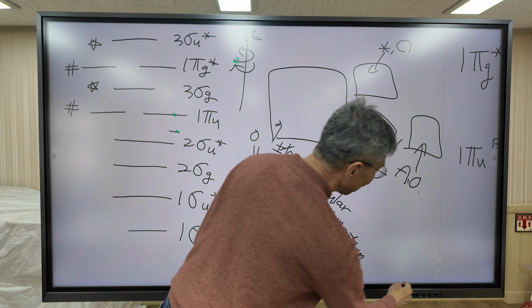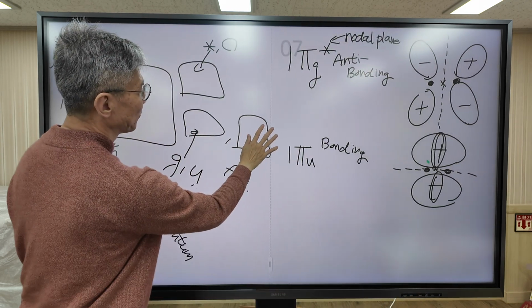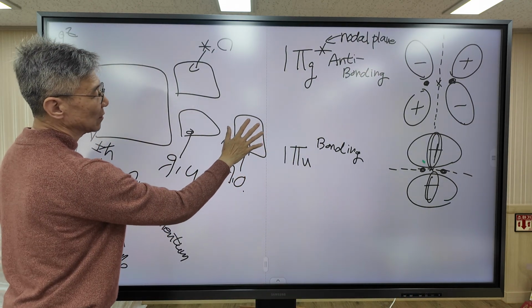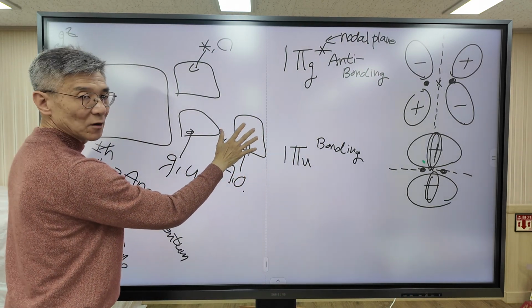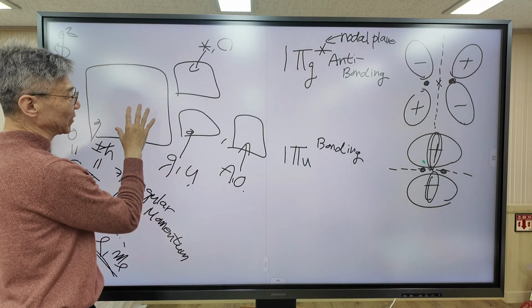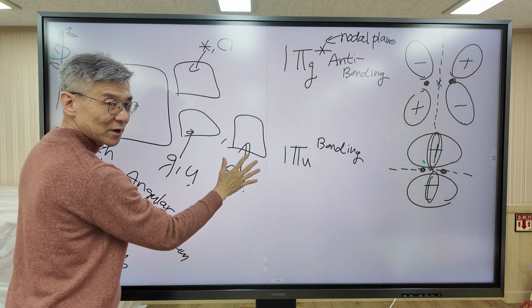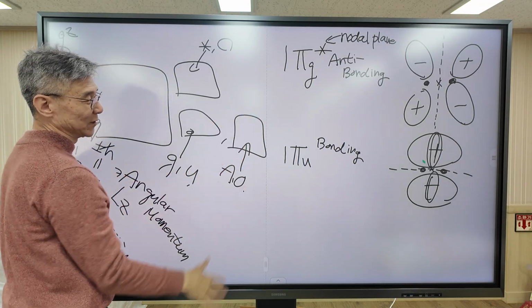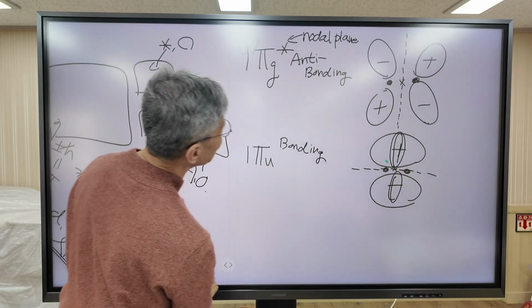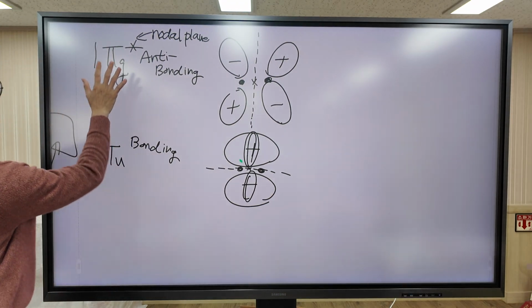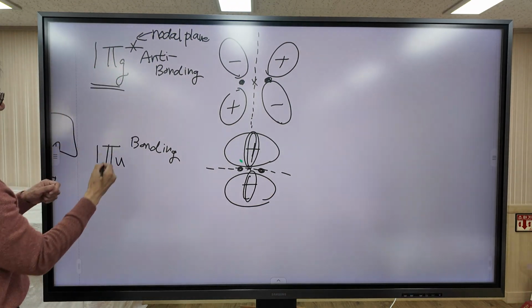Okay, now move on to this part. Here the atomic orbital appears. When you talk about molecular orbitals, atomic orbitals appear. This is very important. Now, this is the molecular orbital.